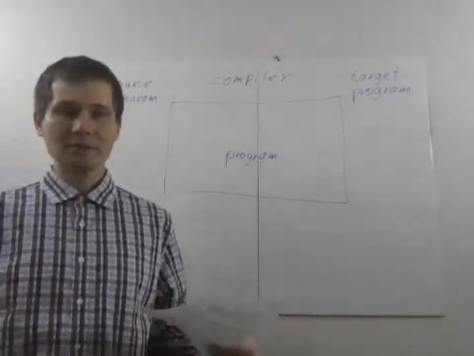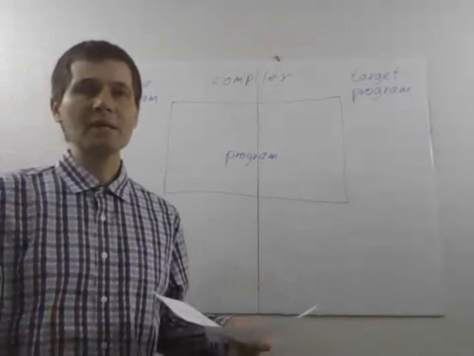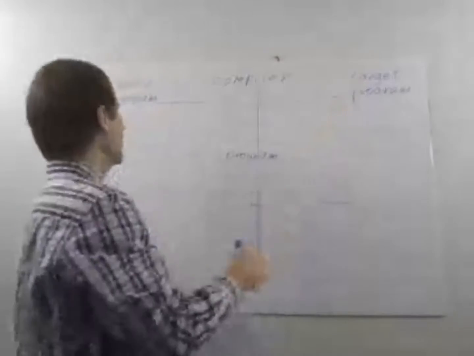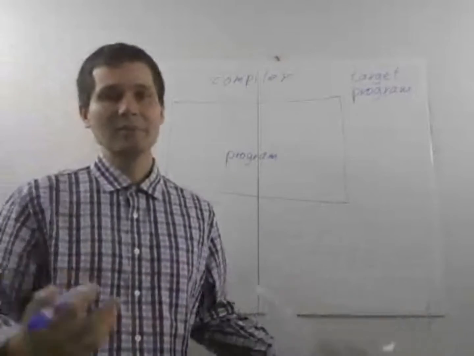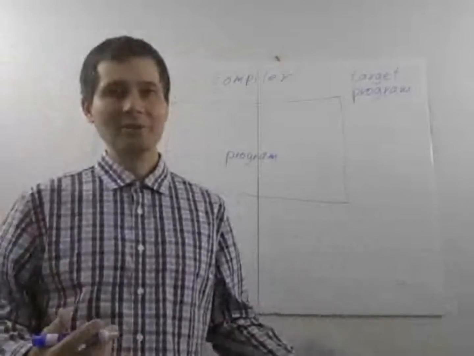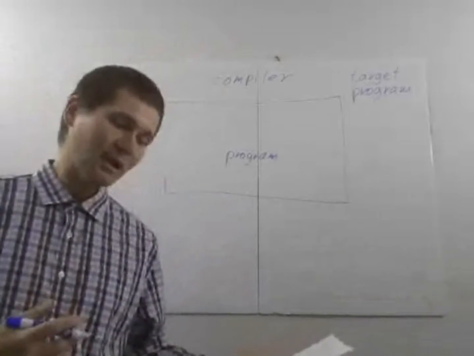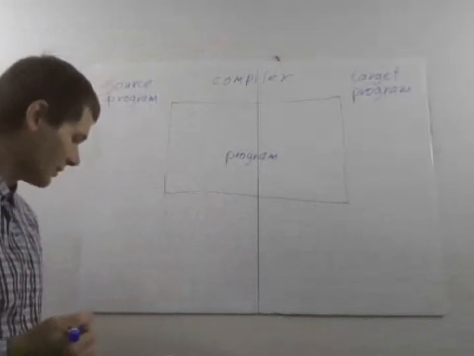One of the things we try to do when we're writing the compiler is to preserve the meaning of the source program. We want the target program to have the same meaning and the same behavior as the source program. You've used compilers before, so I can give you some examples of source languages and target languages.